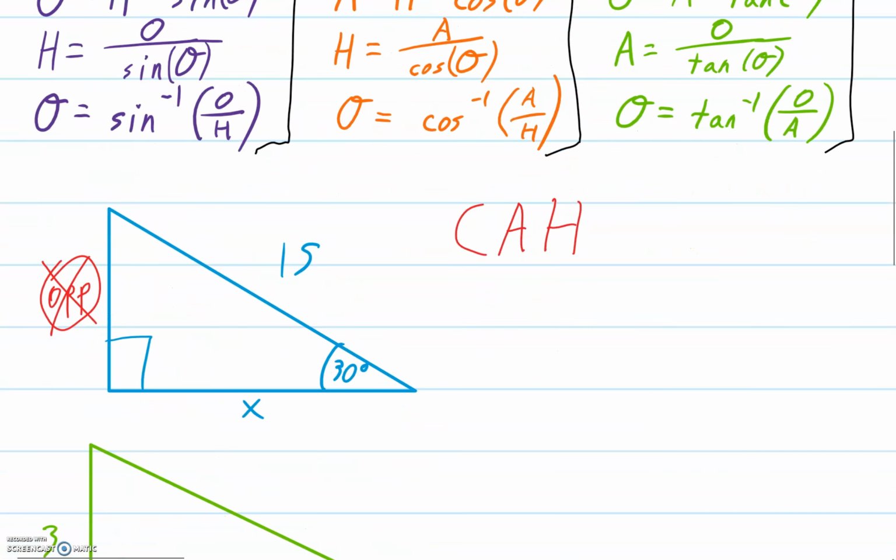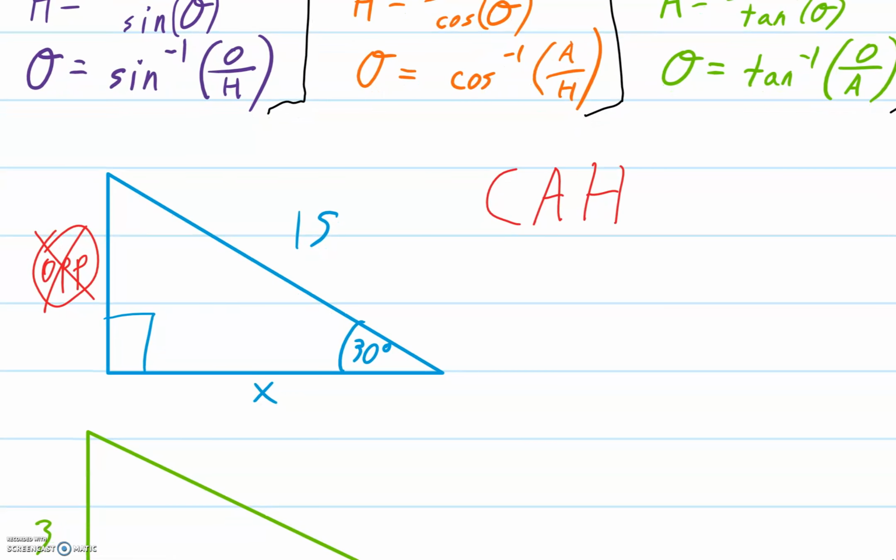Now we can say, how do we solve for x? We write it in our regular equation, which is cosine of the angle equals adjacent, which is x, over hypotenuse, which is 15. Then you want to rearrange to get x by itself.